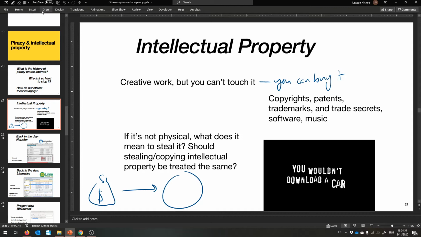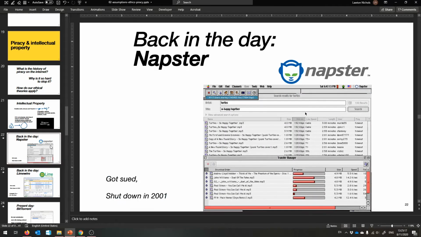It doesn't exist in both places. Whereas intellectual property, music, software, things like that, you can copy it and the first person still has it, right? That's a problem. That's different. So should stealing and copying intellectual property be treated the same? Okay? That is the main question.